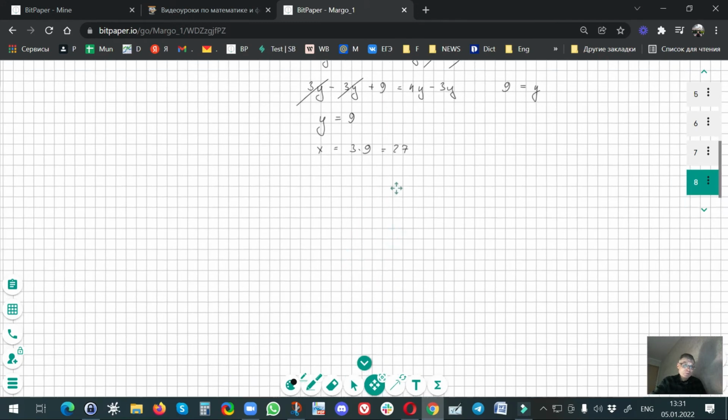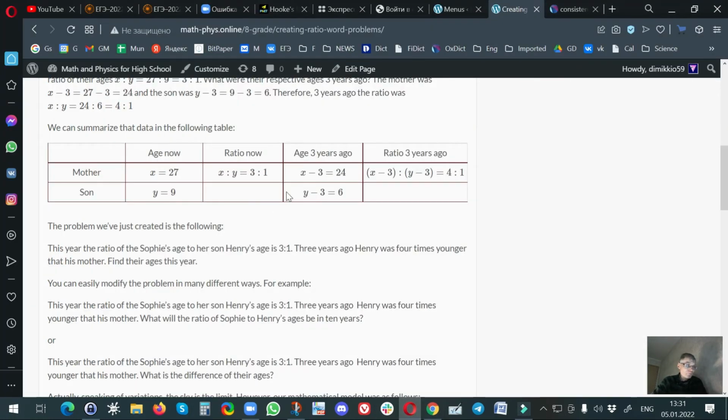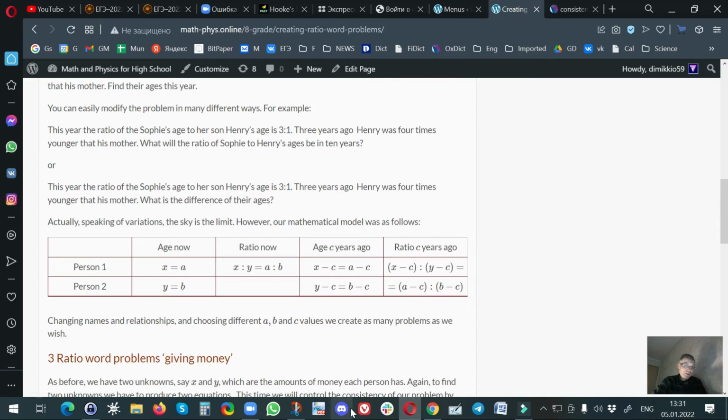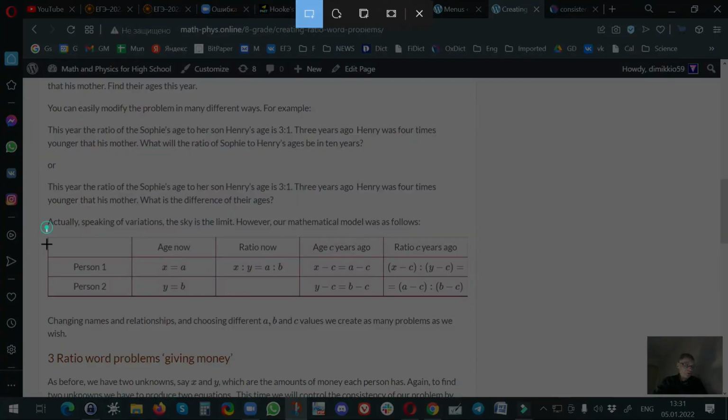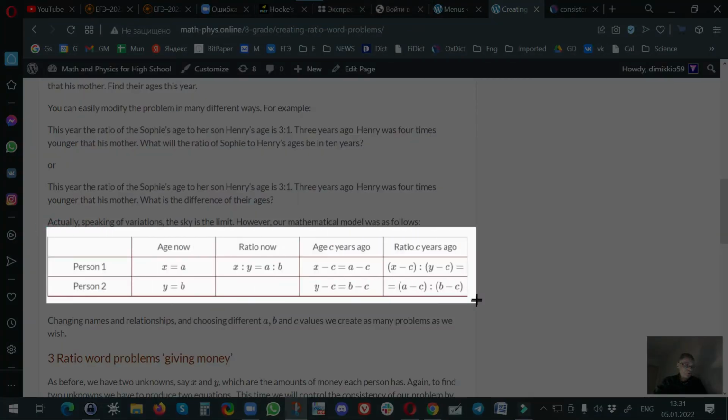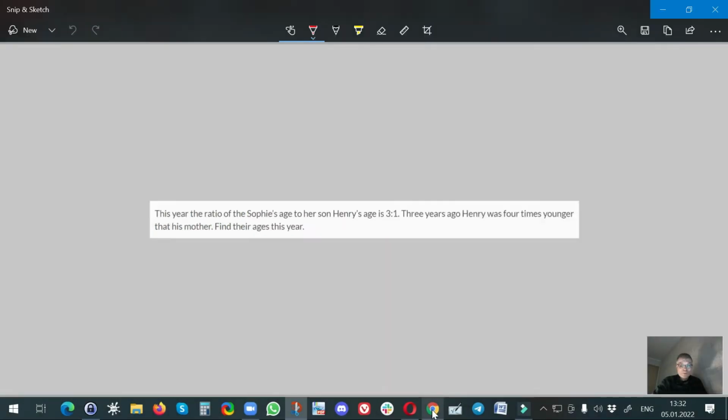But let us not stop here and create something else. For example, let's check other figures. Here I would take another table from my article, namely this one. This is a mathematical model for all such problems.